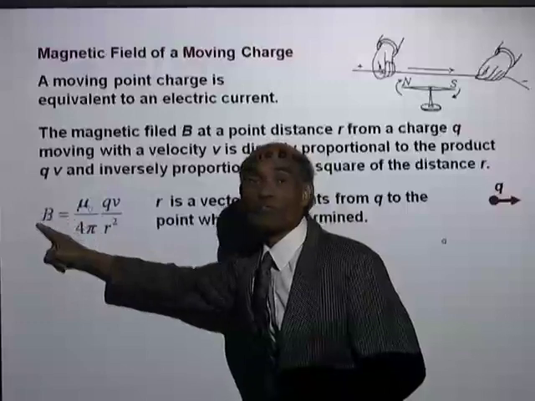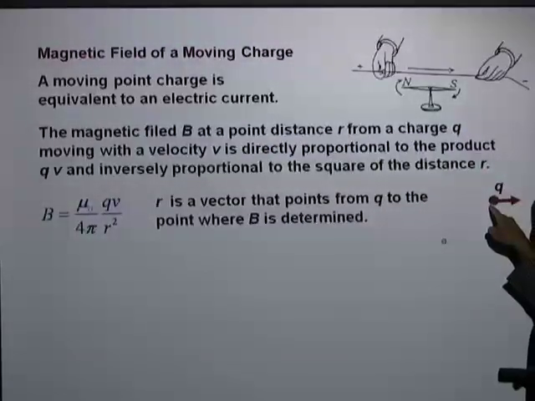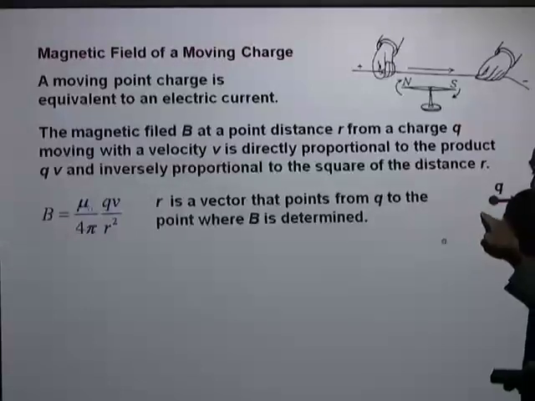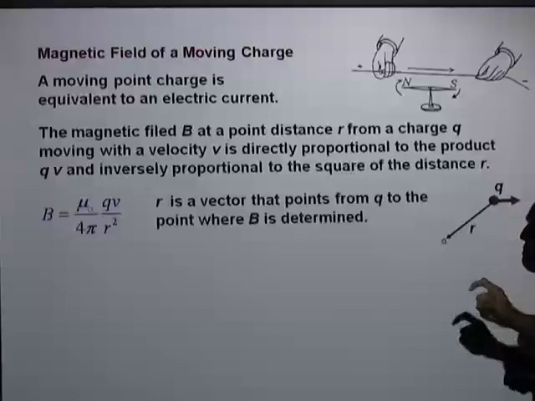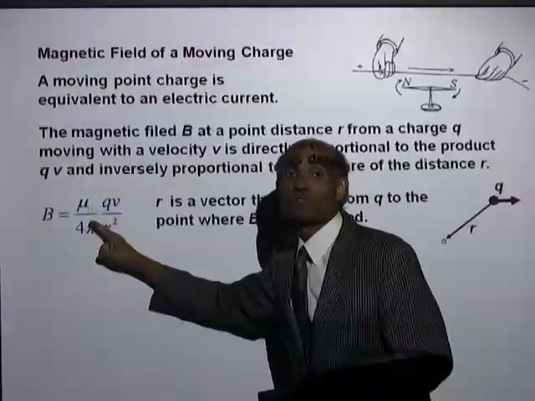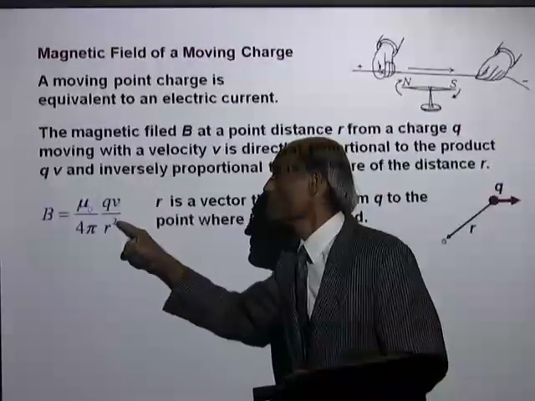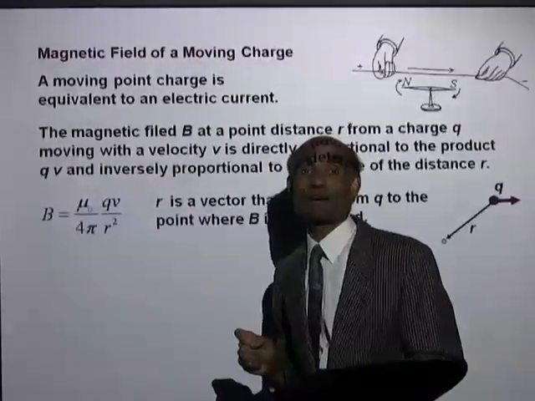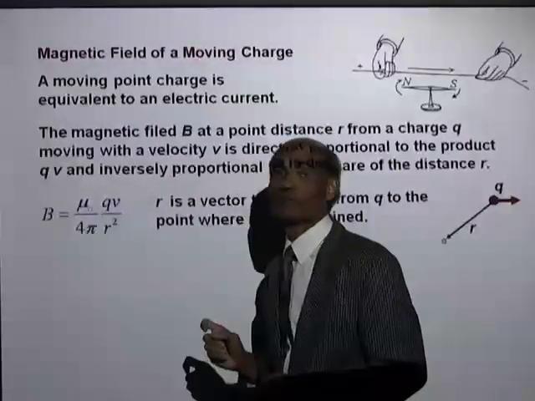The magnetic field generated by the motion of this charge at a point distance R from that charge is given by B equal to mu 0 divided by 4 pi times QV over R squared. And we will be coming across this quantity quite a lot.